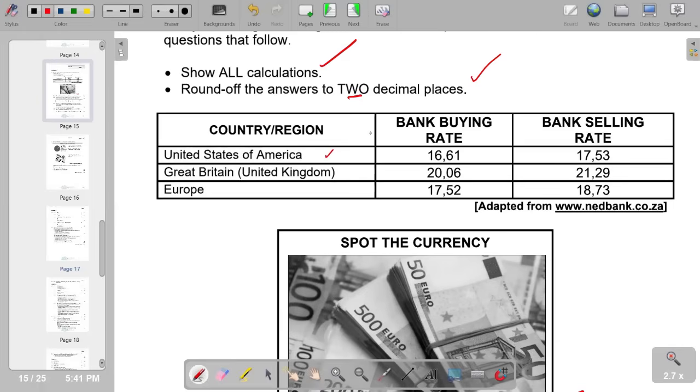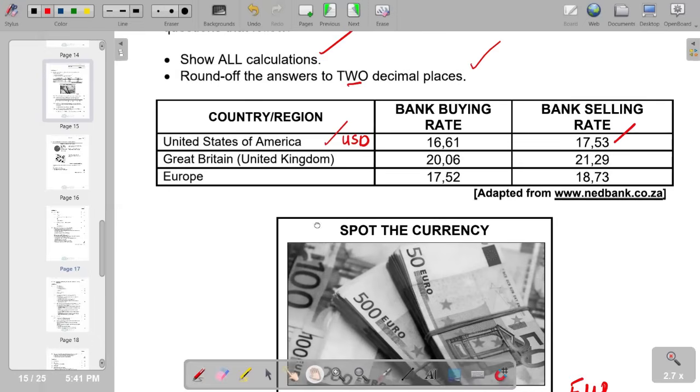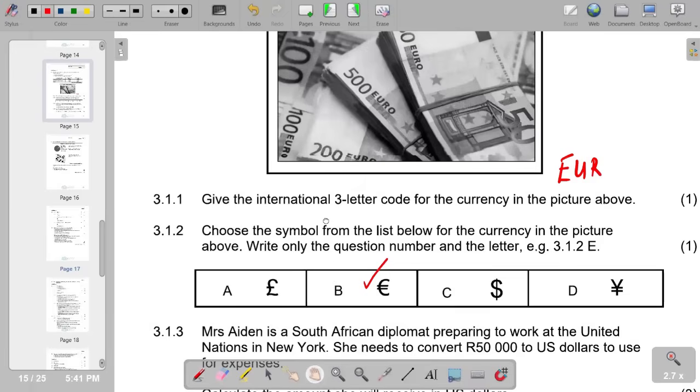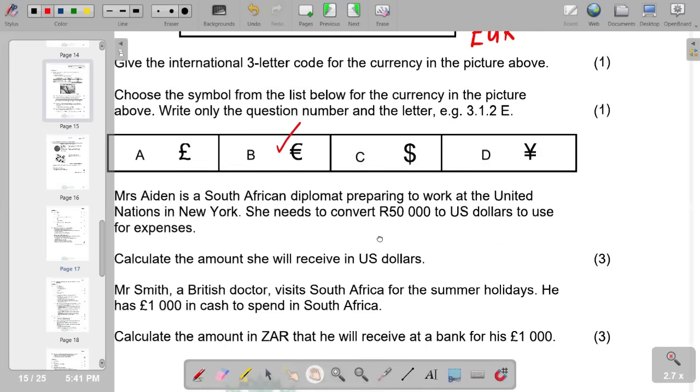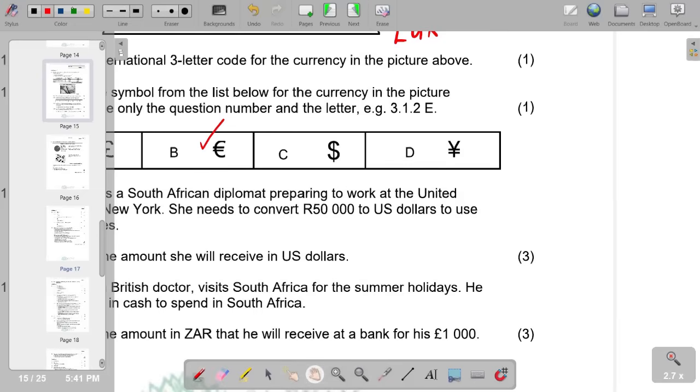Here is where we've got the USD, because USD is the currency of the United States of America. Then you go to the selling rate, which we are given as 17.53. We now say to convert 50,000 rands down to US dollars, we divide 50,000 by 17.53.